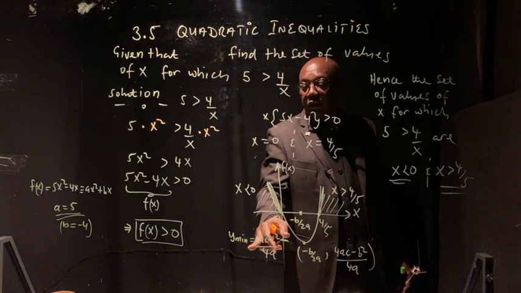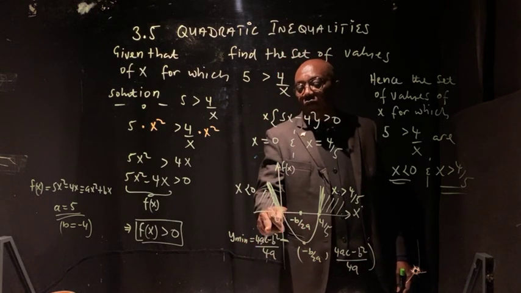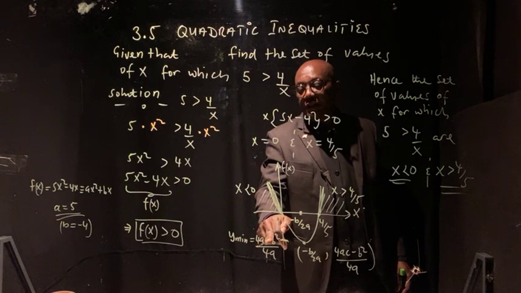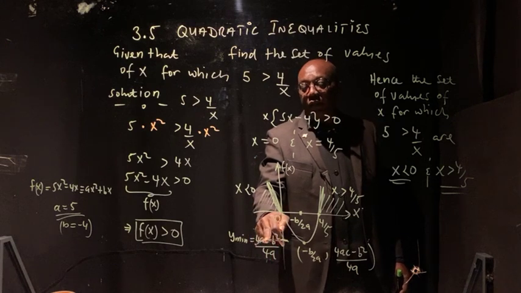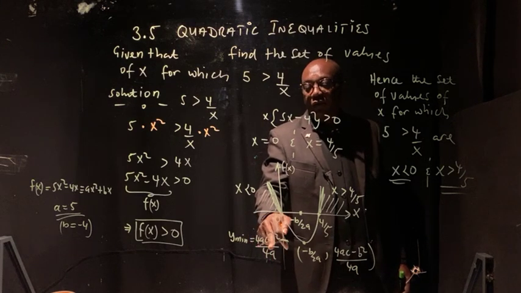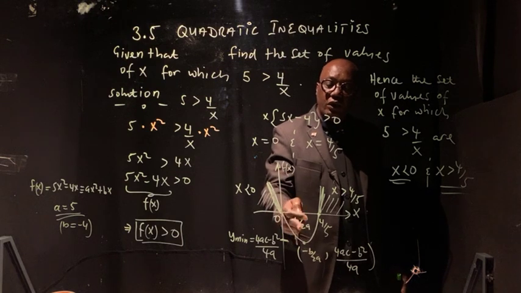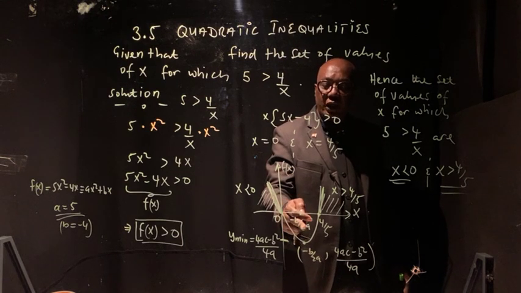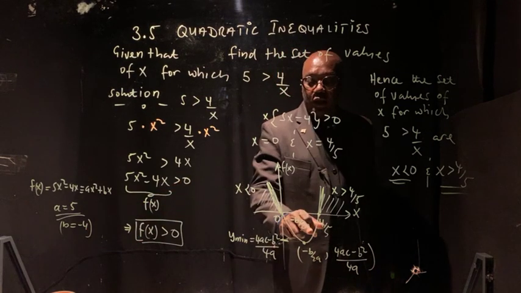So whatever you are requested to calculate, it could be y minimum. Then it should be this one, 4ac minus b squared over 4a. But obviously, we don't have c. C is equal to 0. Therefore, you put c equal to 0, and the y minimum will become minus b squared over 4a. And obviously, the symmetry occurs at minus b over 2a, where you know b to be negative 4, where you know a to be 5.